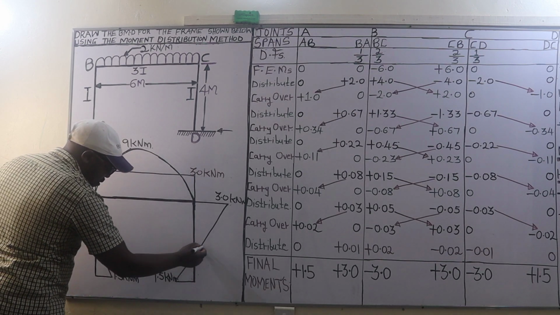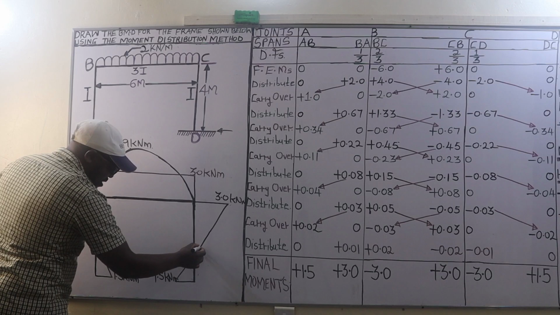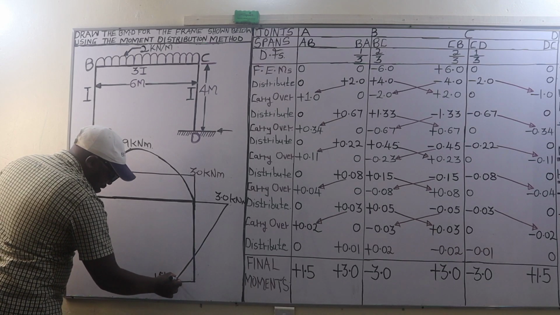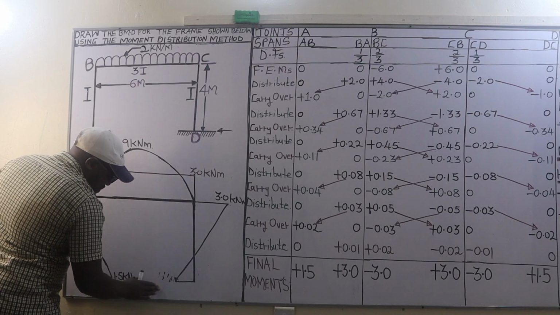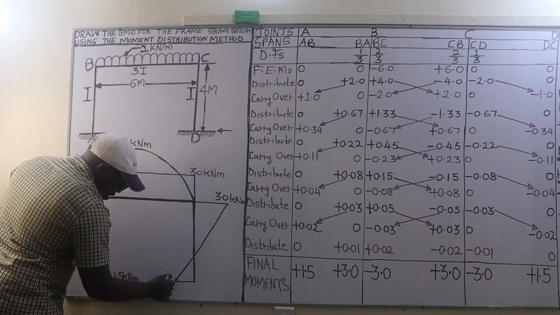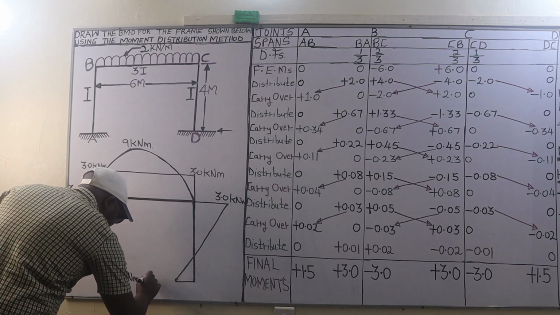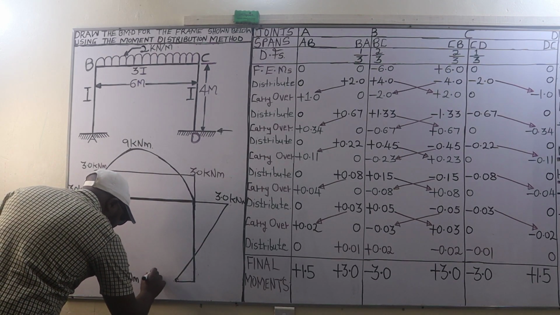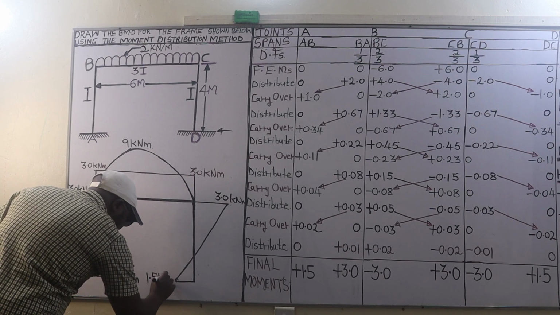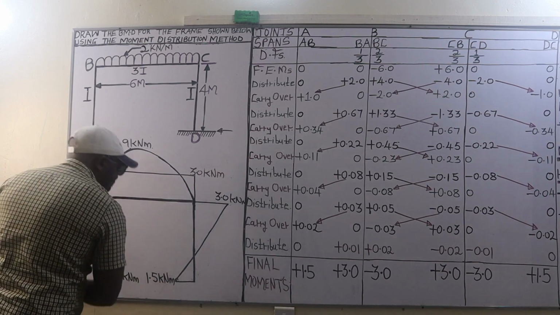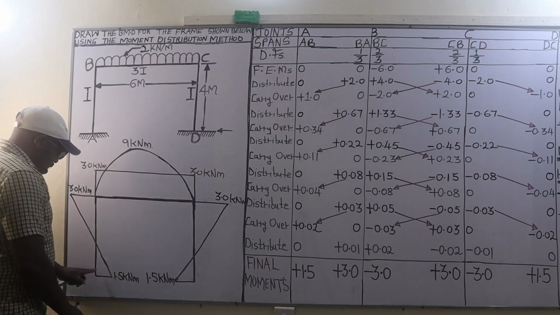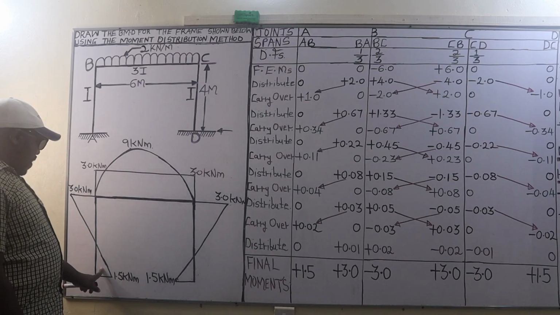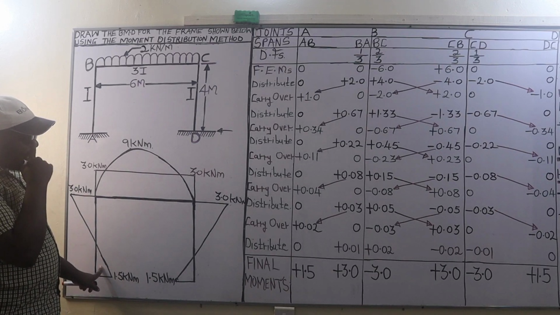We're almost there, but at long last, we have been able to accomplish the mission. So let me rewrite my 1.5 kilonewton meters. Spread it a bit. 1.5 kNm. Yep. So that's what we got. 1.5 kilonewton meters here.